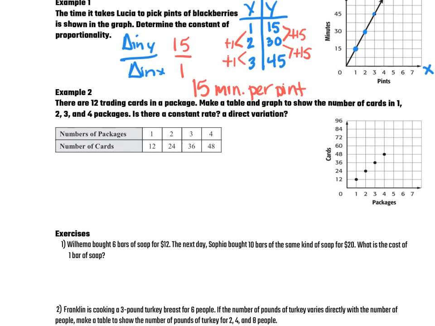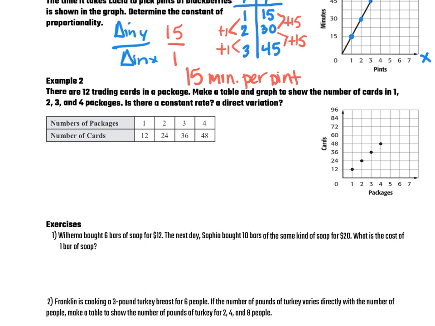Okay, so this one is talking about there are 12 trading cards per package. Make a table and graph to show the number of cards in 1, 2, 3, 4 packages. Is there a constant rate or a direct variation? Okay, it already has the chart. So we're going to label our chart with an X and a Y. And we're going to find the change in Y over the change in X. Okay? So the difference here is 12.